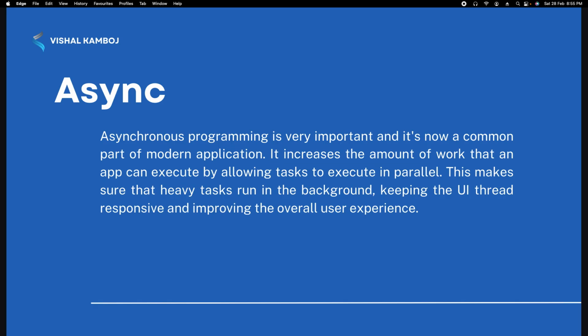It increases the amount of work that an app can execute by allowing tasks to execute in parallel. This makes sure that heavy tasks run in the background, keeping the UI thread responsive and improving the overall user experience.